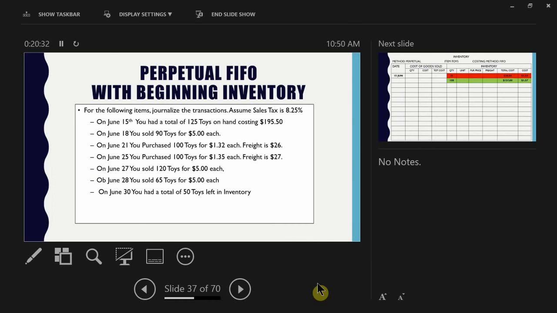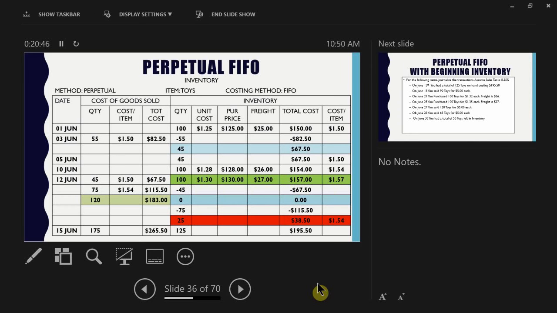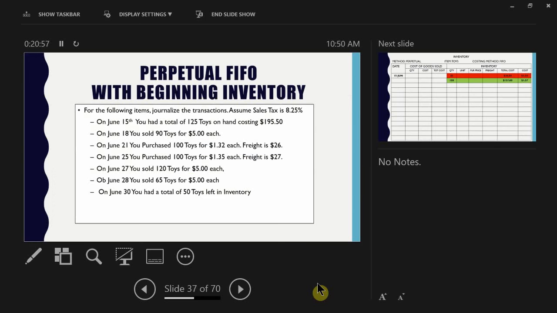So then, we also have to take a look at when we're looking at inventory, right? We're looking as if we're going to have a beginning balance. So here, we already know that our ending balance is that we were left with 125 toys, costing a grand total of $195.50. When we are dealing with beginning inventory, this is pretty straightforward, especially when we're looking at our inventory worksheet, because all you have to do is transfer the information over into the inventory on hand.